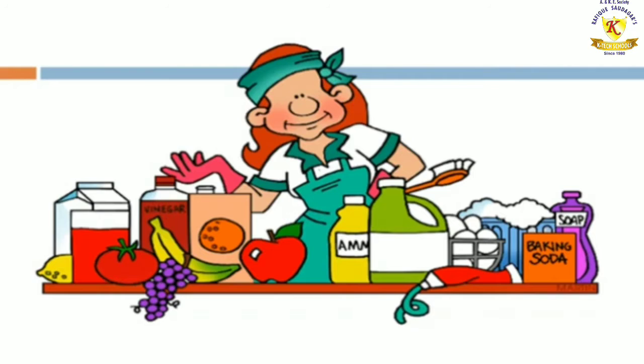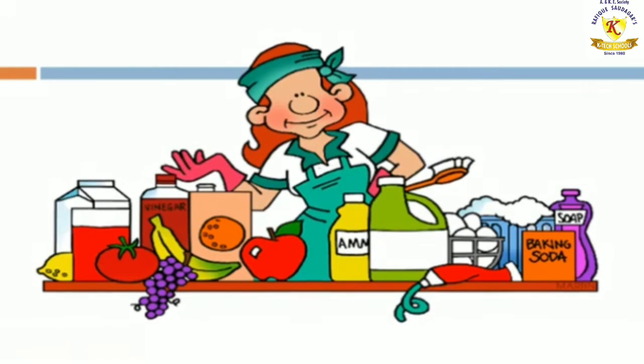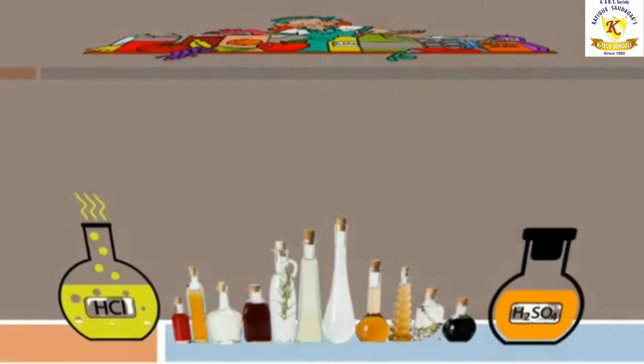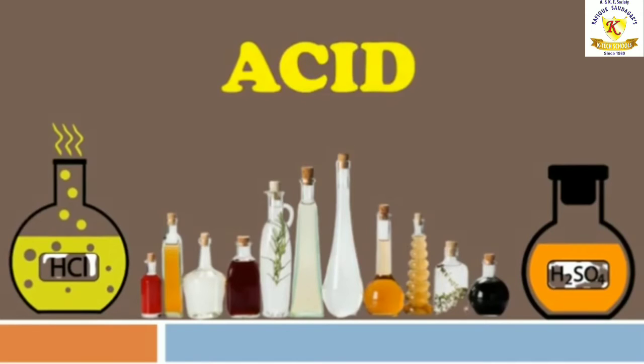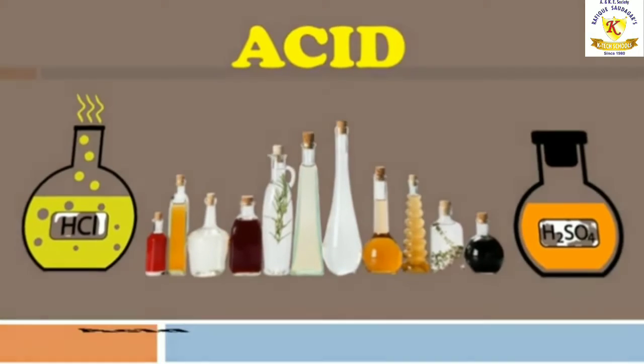Today we are going to learn a very interesting topic. Are you all excited to learn today's topic, children? Okay. So now, children, first we will learn about acid. So, what are acids? Let us see.